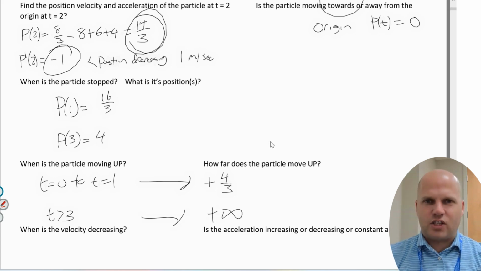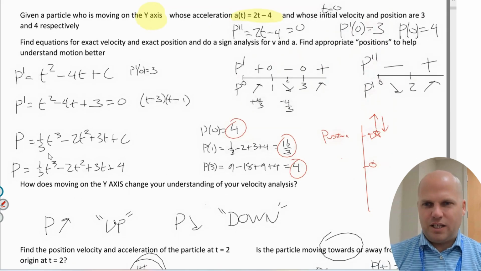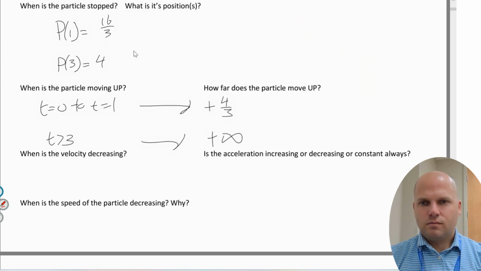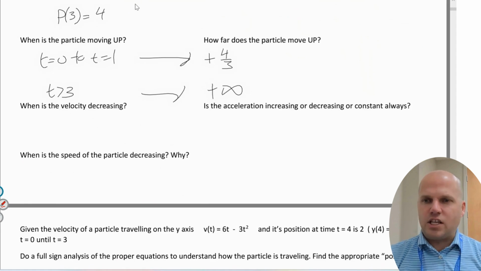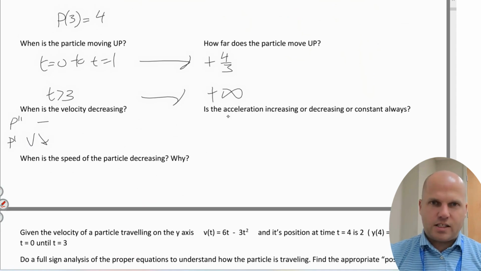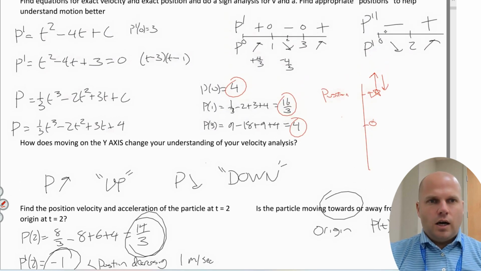I should have said to stop at t equals 4, but then I wouldn't want to find that value, so whatever. Velocity is decreasing. My velocity is going to decrease when the derivative of position is decreasing, when my second derivative is negative. My velocity is decreasing from 0 to 2.